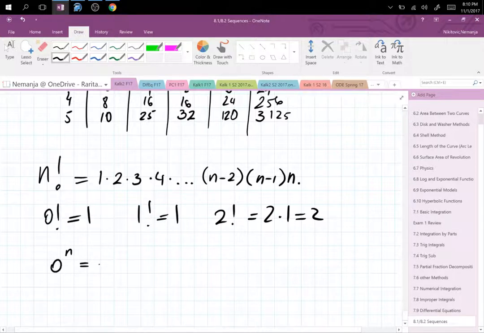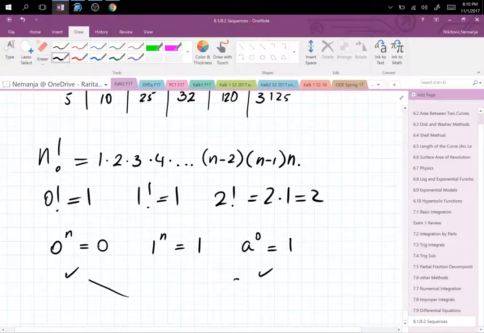What's 0 to the 7th power? 0, right? So these tend to be 0. What's 1 to any power? 1, right? Now, what's any number raised to 0? 1. Now, do you see this one and this one, and you combine them together and you get 0 to the 0 actually equals 1?